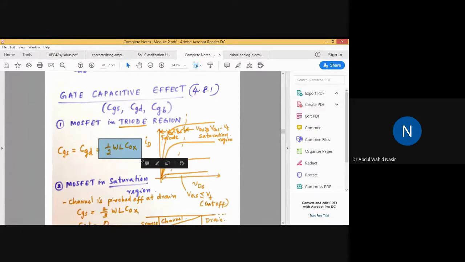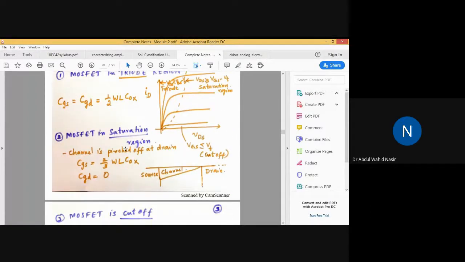So that is equal to half WLCOX, where W is the width of the channel, L is the length of the channel, and COX is the oxide capacitance or gate capacitance, as I have told you. So in the triode region, CGS is equal to CGD is equal to half WLCOX.